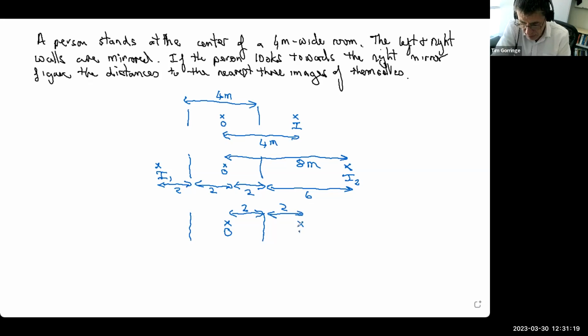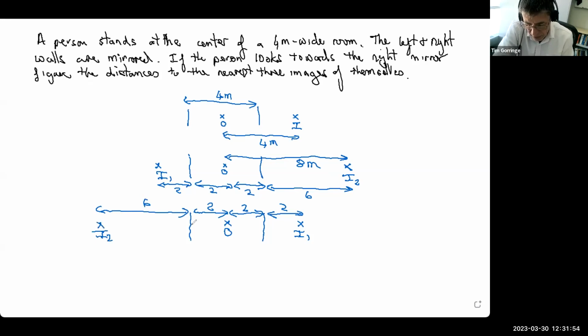This image, I'll call it image number 1, becomes an object for a reflection in the left-hand mirror. Now, that image number 1 is the width of the room, 4 meters, plus another 2 meters, 6 meters, in front of the left-hand mirror. So it's going to appear 6 meters behind the left-hand mirror, so somewhere over here. I'm going to call that the second image.